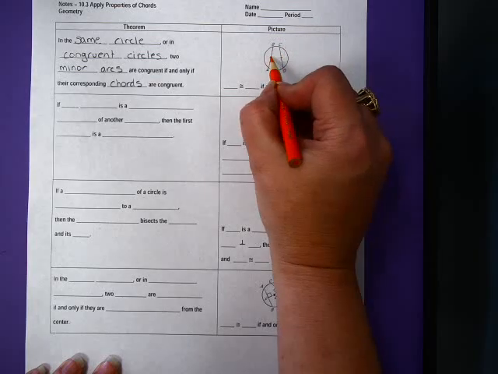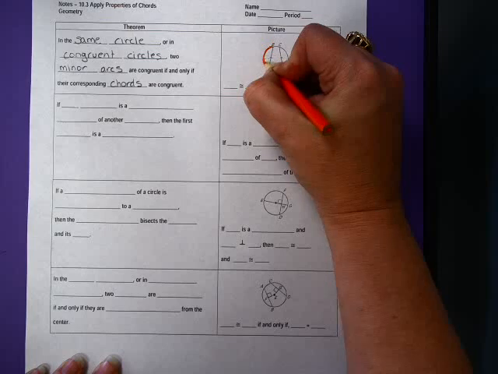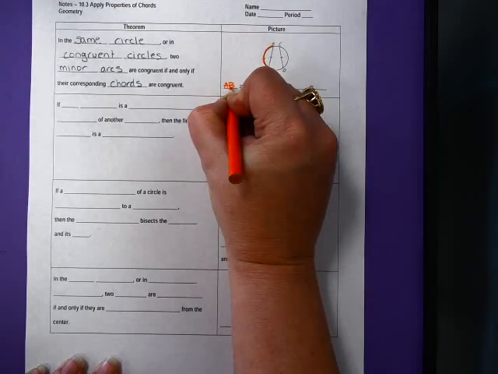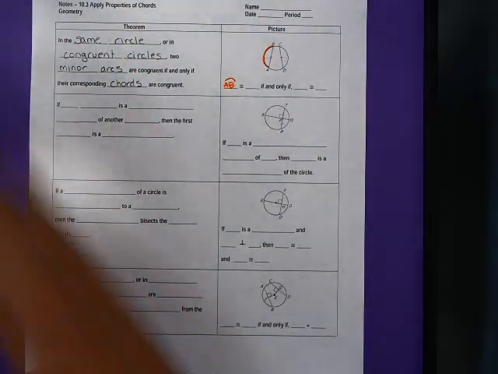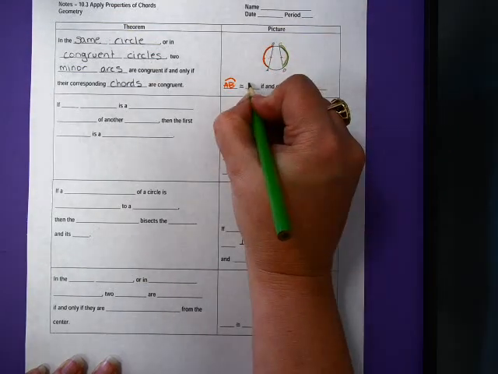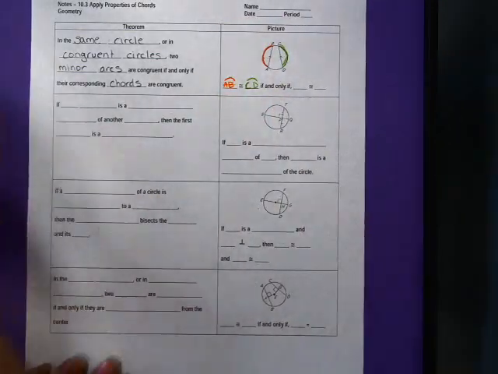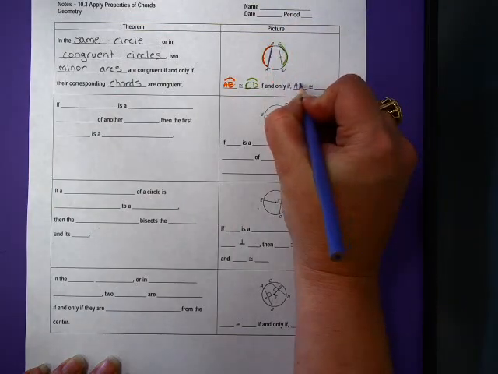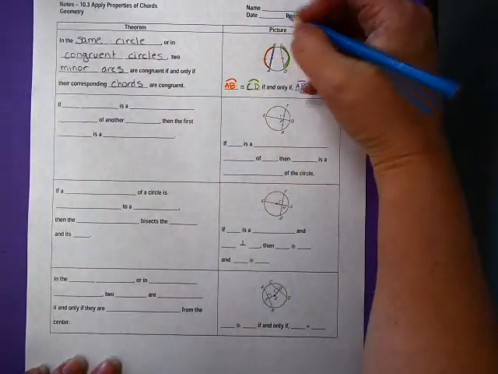We only have one circle, so both of these chords are in the same circle. This arc right here, AB, is congruent to arc CD, if and only if chord AB is going to be congruent to chord CD.